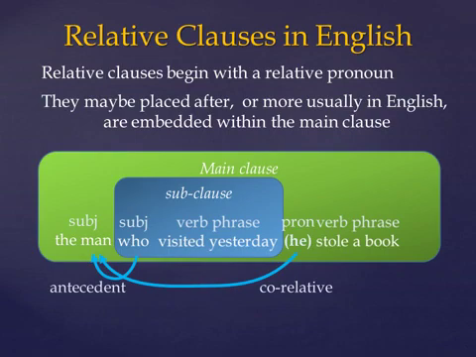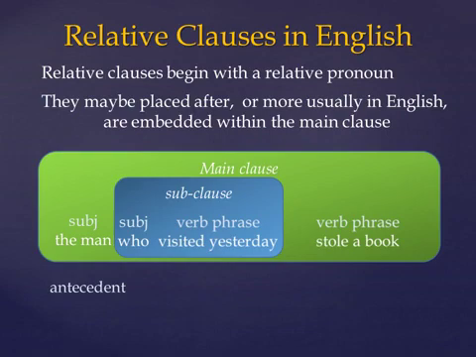And so we get "The man who visited yesterday, he stole a book." One final thing to say is that in English, the correlative pronoun isn't always included. In fact, we can miss it out and the sentence still makes sense. "The man who visited yesterday stole a book."